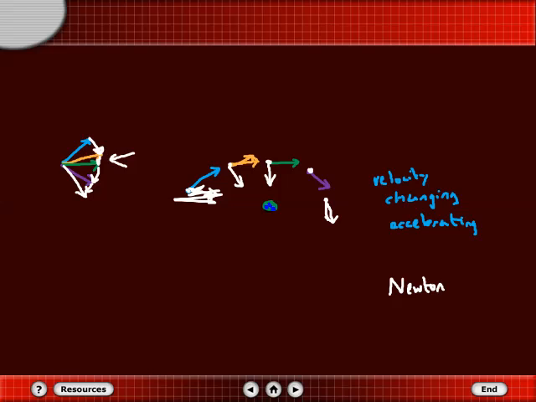The purple one, it's acting something like that, and the white one is acting something like that. Can you see how these are always pointing into the center? So there must be a force going into the center that keeps the object in a circle, and keeps it going in circular motion, even though it's always accelerating. There is a force, and this force is called centripetal force.